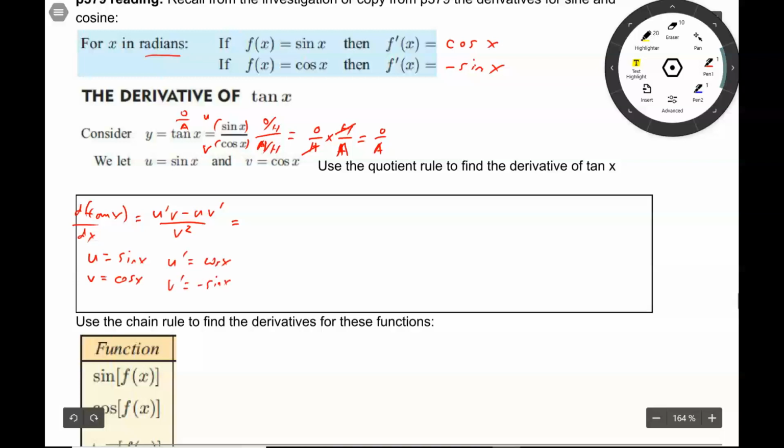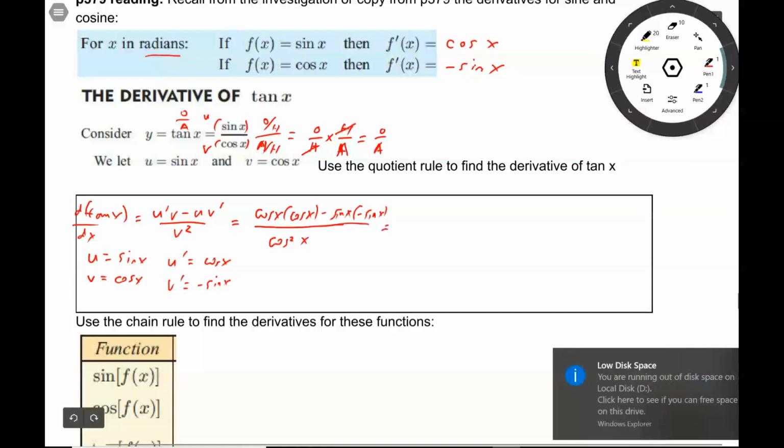So now let's just substitute in everything. In the denominator, v squared would be cosine squared x. And in the numerator, u dash would be cosine x, and v would be cosine x, and u would be sine x, and v dash would be negative sine x.